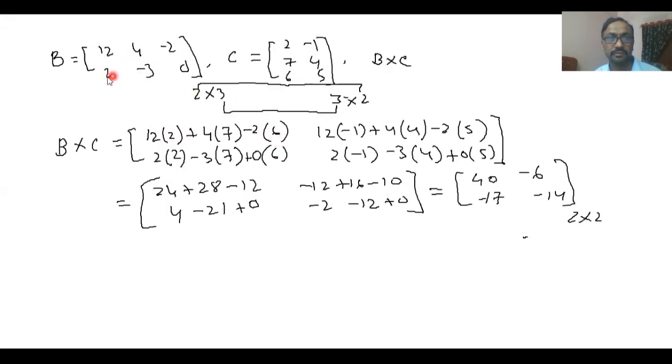And we take the second row of the first matrix, and we're dealing with the first column of the second matrix. See, it's 2 multiplied by 2 minus 3 multiplied by 7, and 0 multiplied by 6.